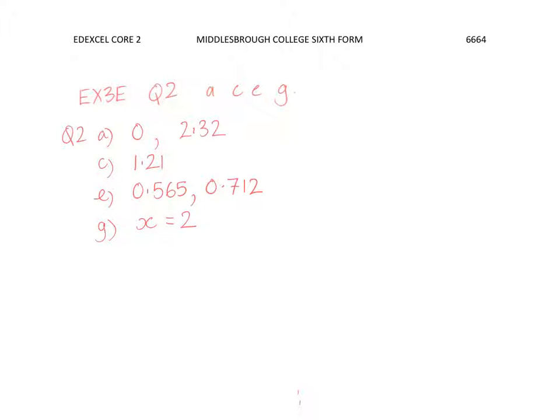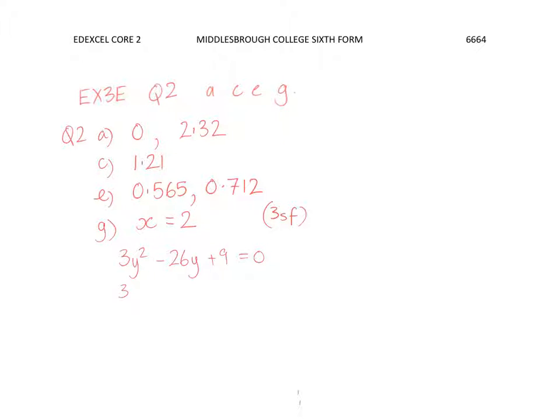So, checking your answers to question 2, we want them all to 3 significant figures. And part G, it's the quadratic that's quite tricky. I think we got 3y squared minus 26y plus 9 equals 0, and then you had to factorise that.